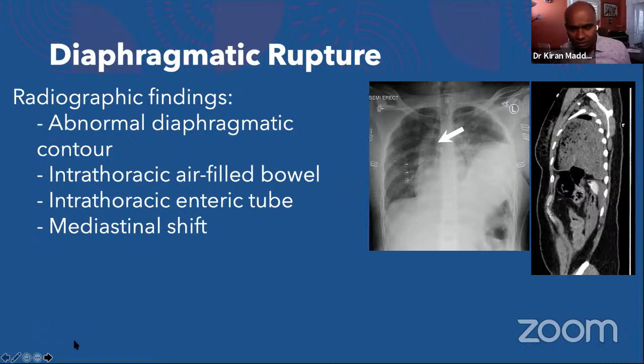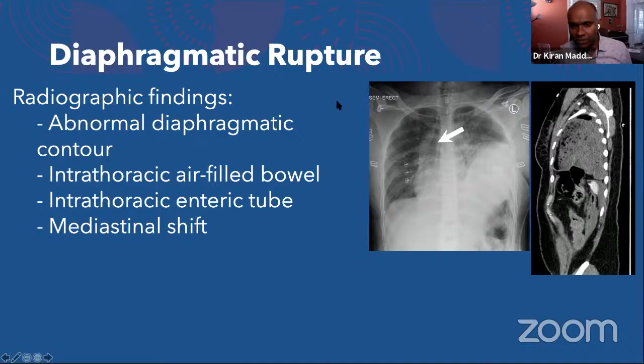So the radiographic findings, this is another case of the diaphragmatic rupture. You can see the opacification of the left hemithorax, and as I always say, there is pressure on the lung parenchyma. That's what I want you to imagine, the pathophysiology which is going on there.